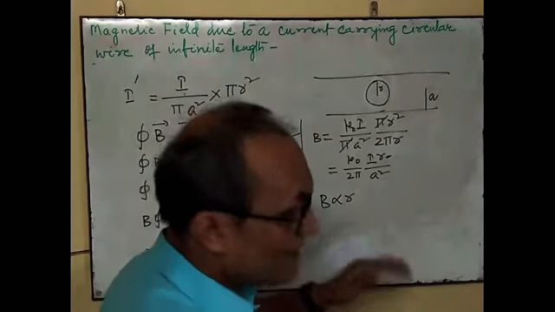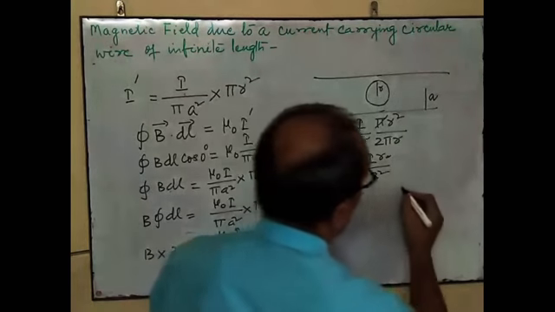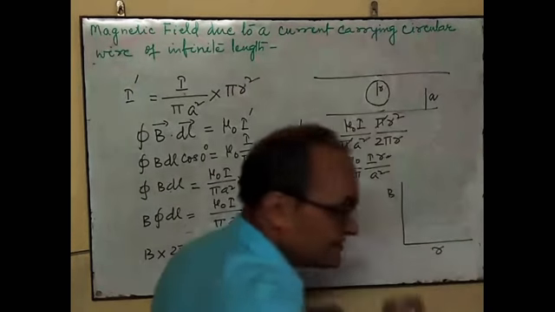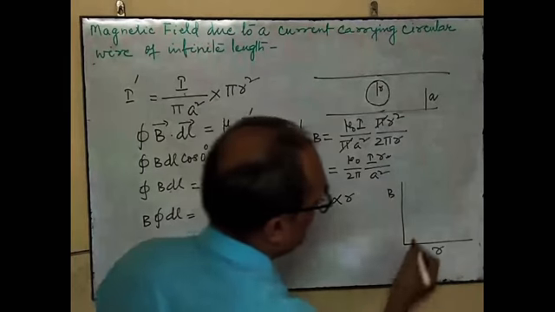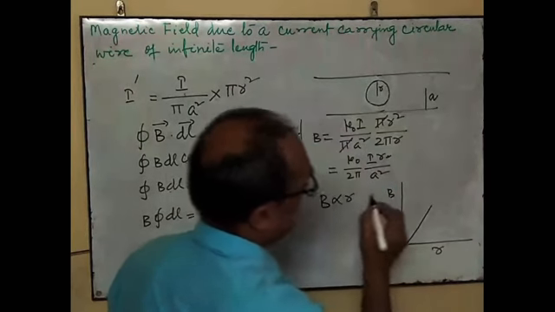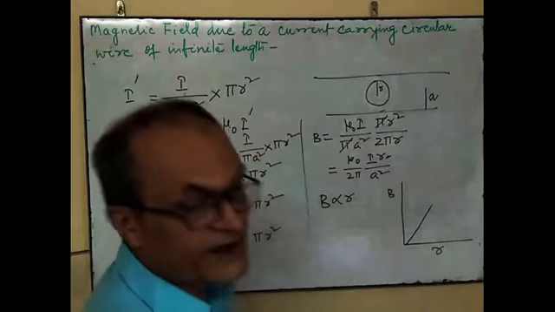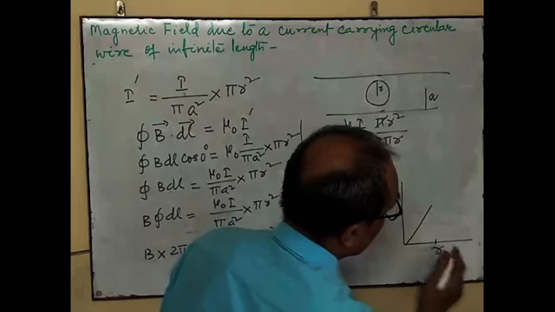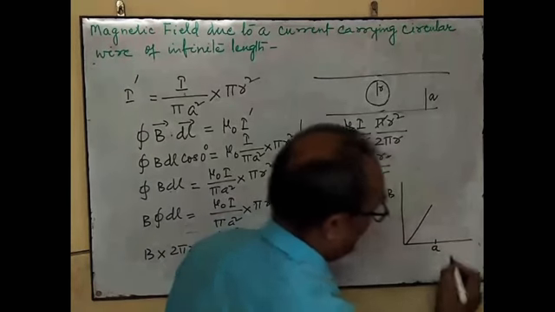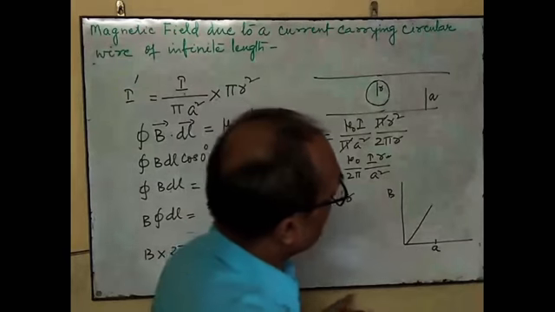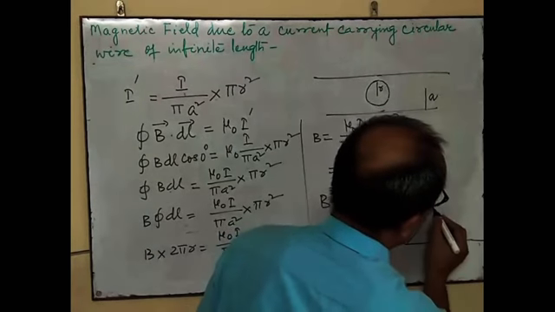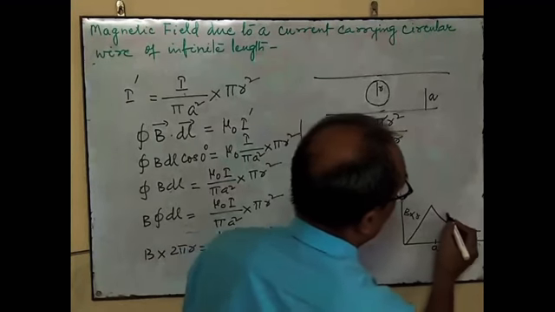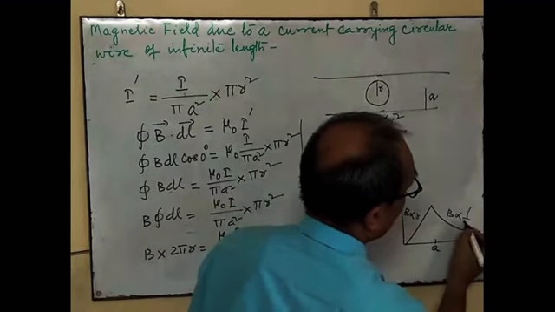So the graph of the magnetic field versus r inside the wire is a straight line. This is suppose the value of a, the surface of the area, and outside we find that it is like that. Here B varies as r inside and B varies as 1 by r outside.